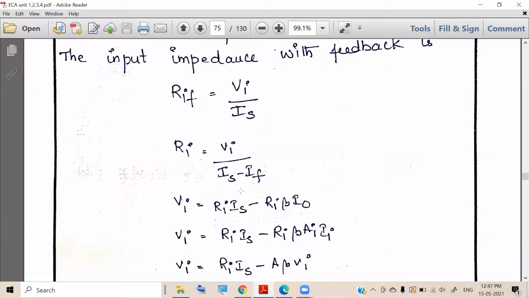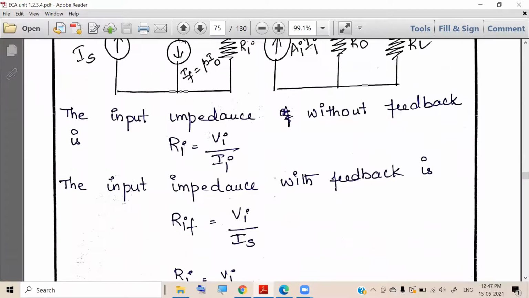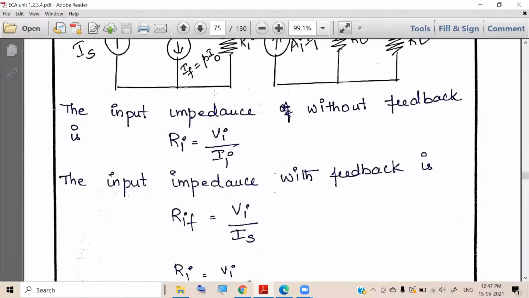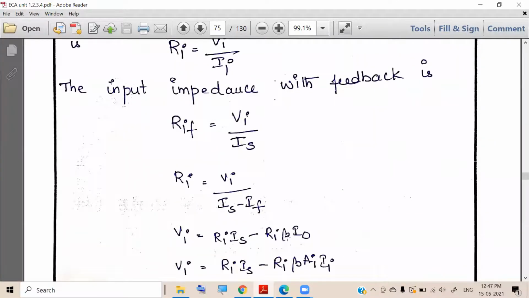Then we are cross multiplying this Is minus If to the other side, so Vi will be equal to Ri into Is minus Ri into If. But here, as discussed, If is nothing but beta into Io. So in place of If, we are writing beta into Io.